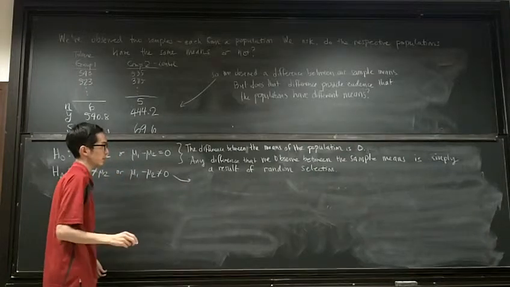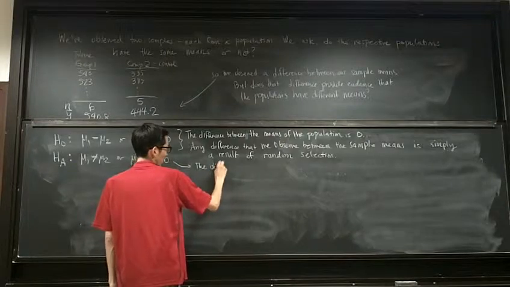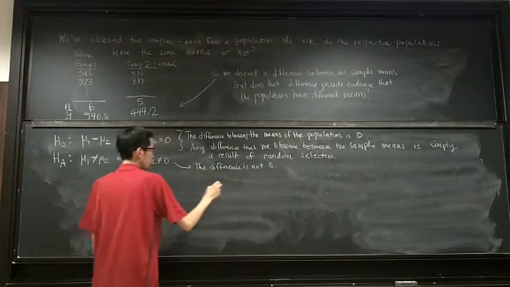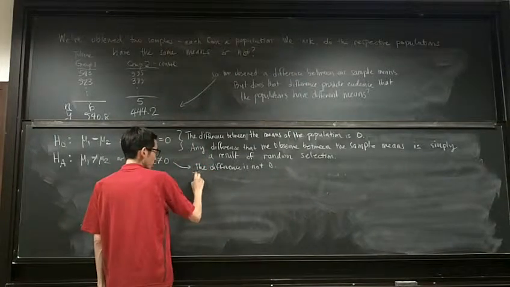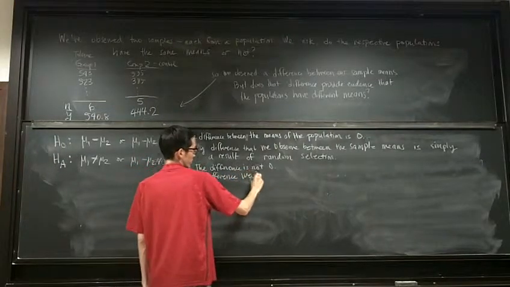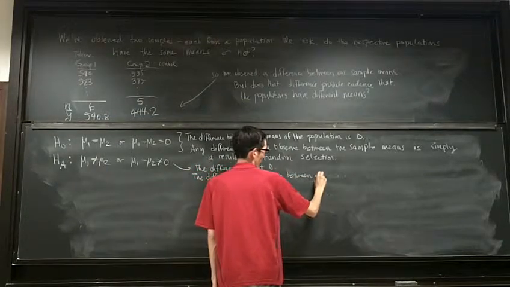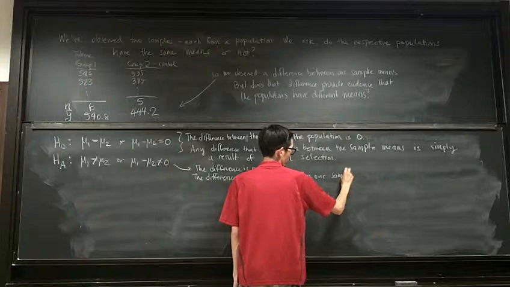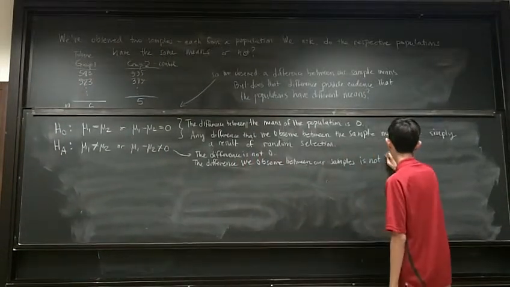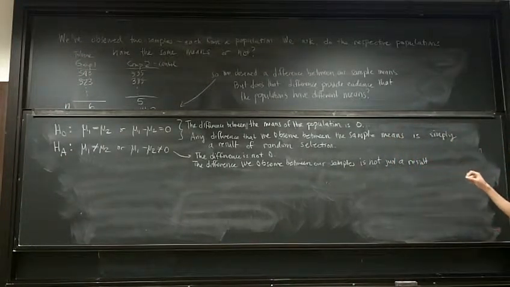And what that implies is that the difference that we observe between our samples is not just a result of random chance. Okay, because there's always going to be an element of randomness.